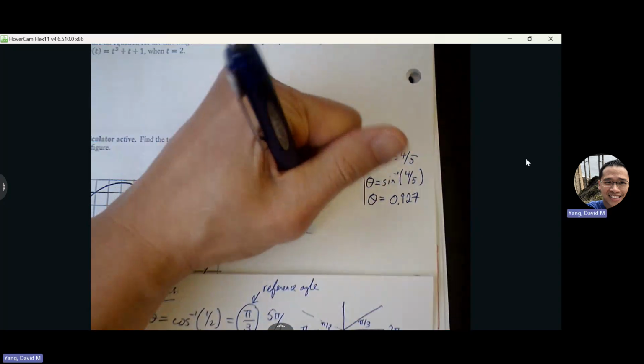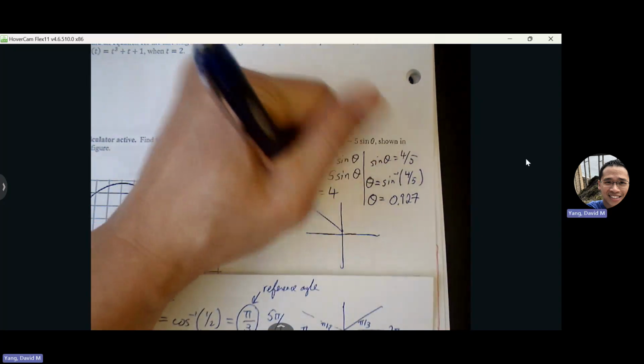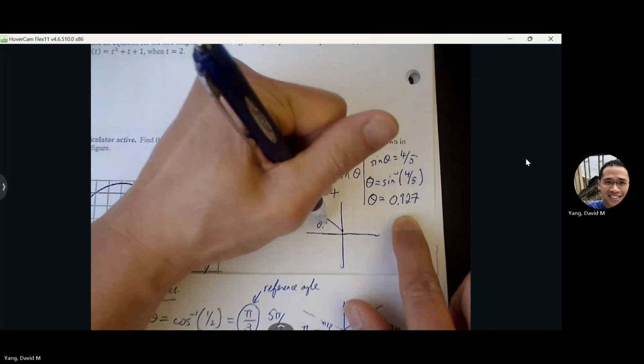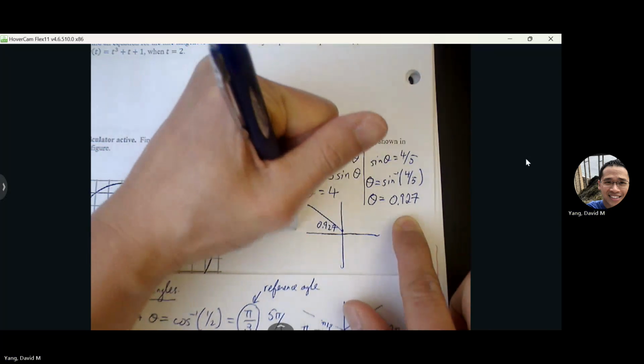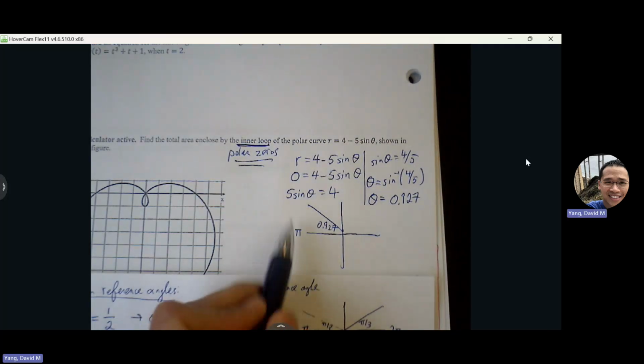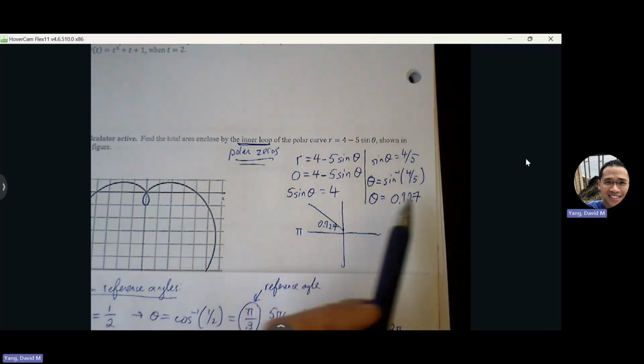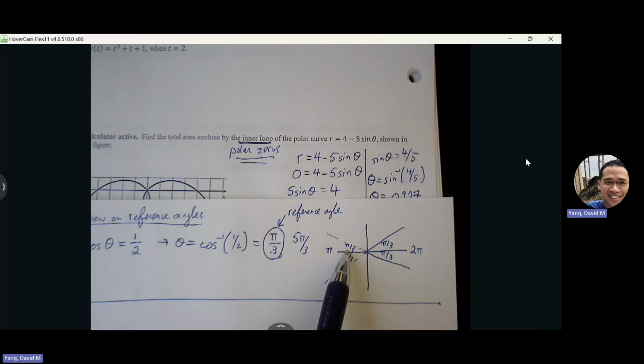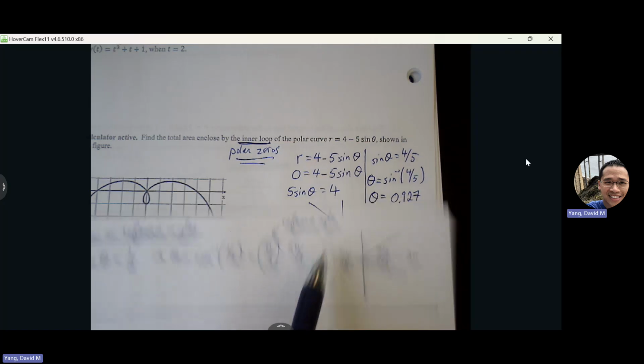So the way we get the second quadrant is we identify that reference angle, and then we subtract from pi. Just like if it was pi over 3, we would subtract from pi and we would get 2 pi over 3, right? Because pi minus pi over 3 is 2 pi over 3.